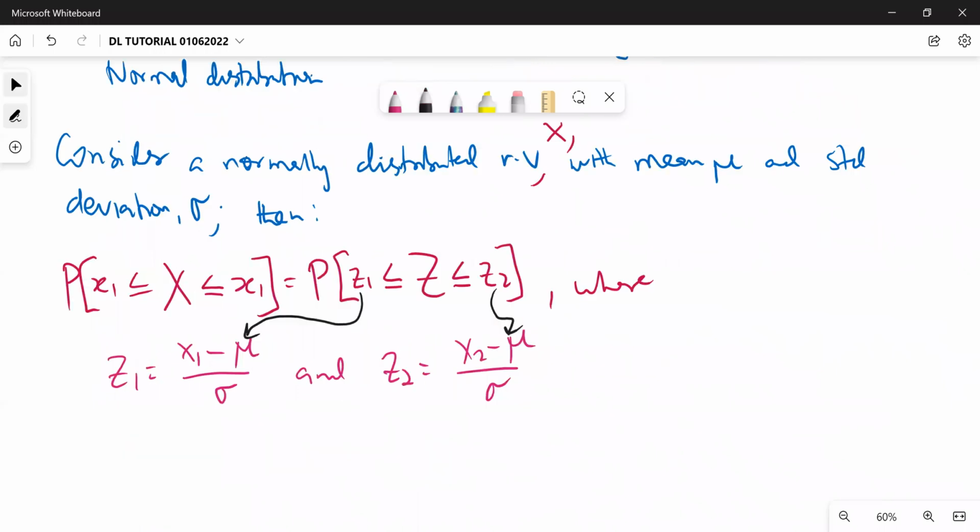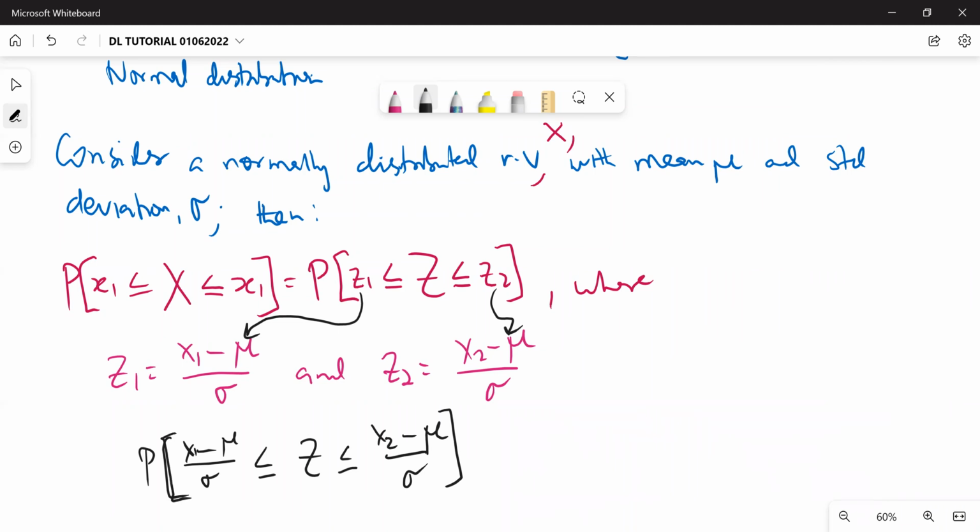If you want to make the formula look a little bit bulky, we're talking about the probability that x1 minus mu divided by sigma is less or equal to z, then less or equal to x2 minus mu over sigma. It's the same thing. But you can just keep it simple like this. Then you compute the values of z1 and z2 outside.